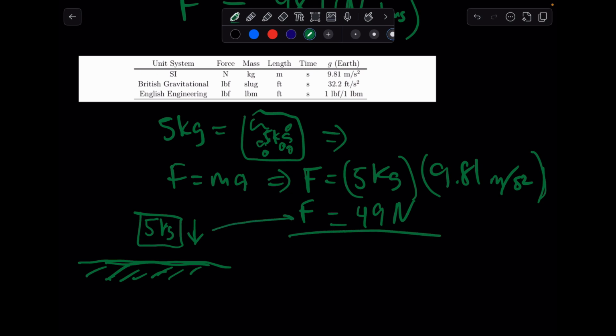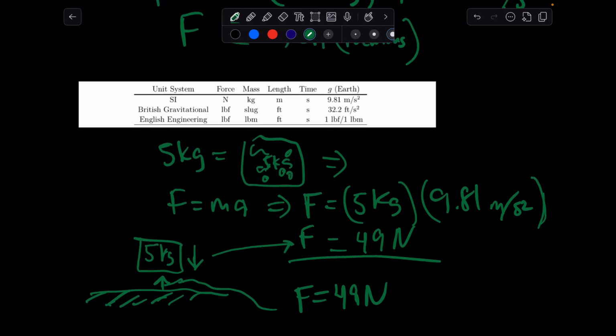Now you need an equal and opposite reaction from the floor. So your floor has to give you an equal and opposite reaction of what? I'm sorry, I made a mistake. The force is 49 newtons, not kilonewtons, just regular newtons. This right here. And that's basically it.